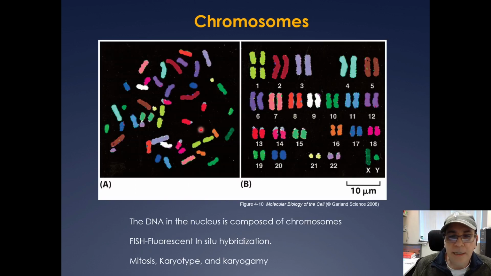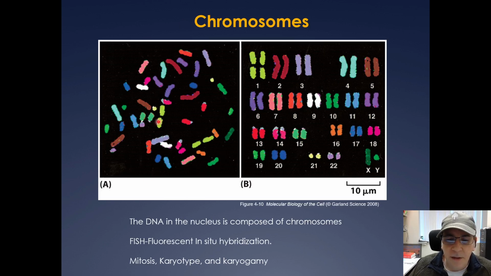All right, there's this neat technique that you can do, and it's called karyotyping, and this is actually karyotyping here. If you take a cell and you block it during mitosis, where you have the fully condensed chromosomes, and then you squish it, you can get all of the chromosomes out in their fully condensed form.